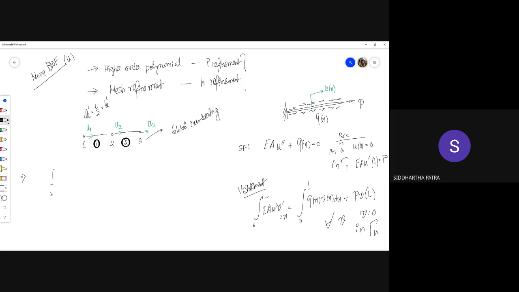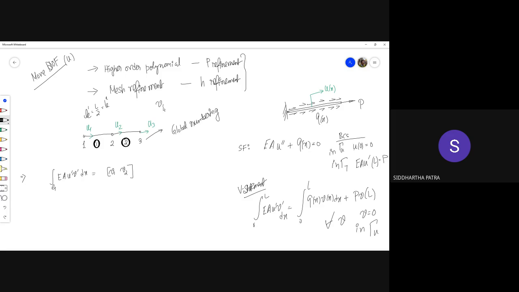This term, this integration EA u prime v prime dx on element 1 is essentially, we have established this earlier, v1 v2.